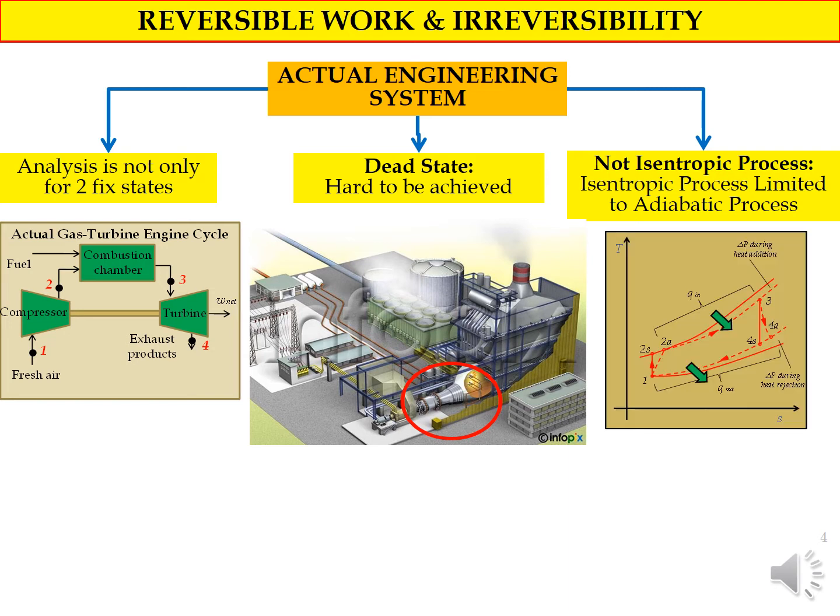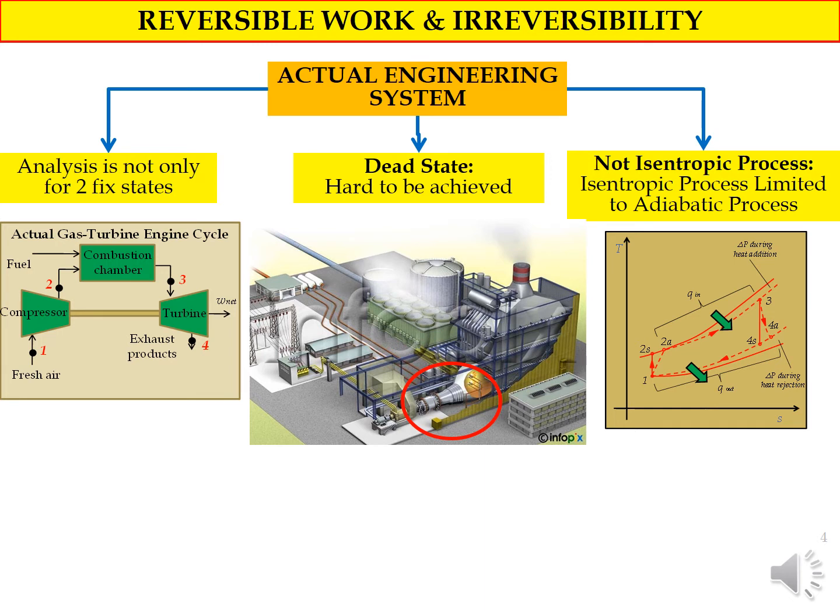As you can see here in the TS diagram, the process goes from 1 to 2s, and then 3 to 4s, and then returns back to 1. So 1 to 2s is an isentropic process, whereas 3 to 4s is also an isentropic process.